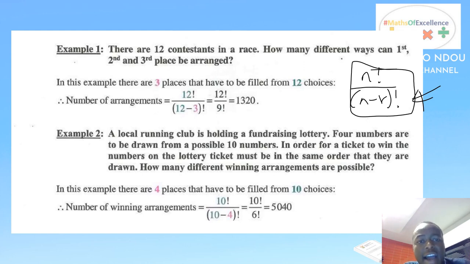Example 1. There are 12 contestants in a race. How many different ways can the first, second, and third place be arranged? You have 12 contestants, but you want to see in how many ways you can arrange the first, second, and third only.